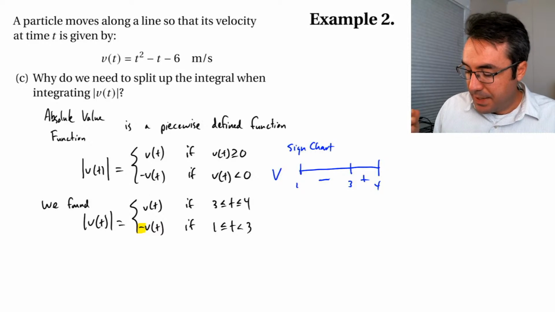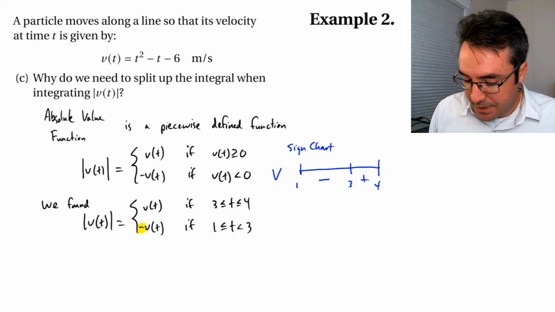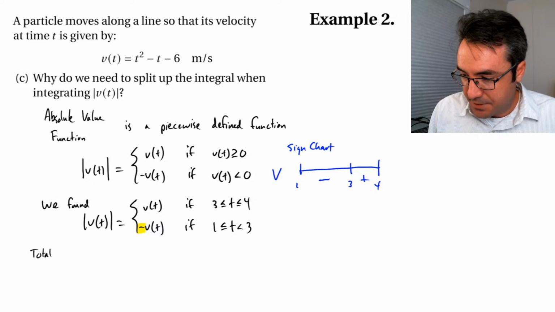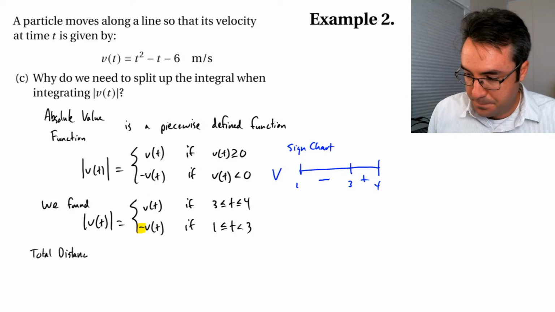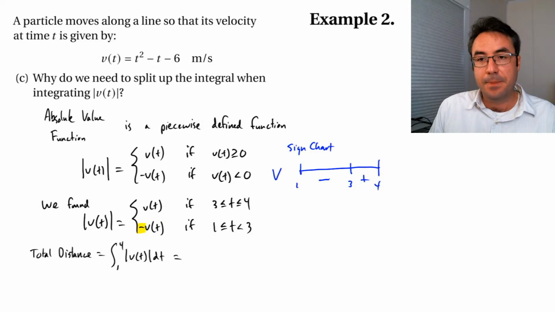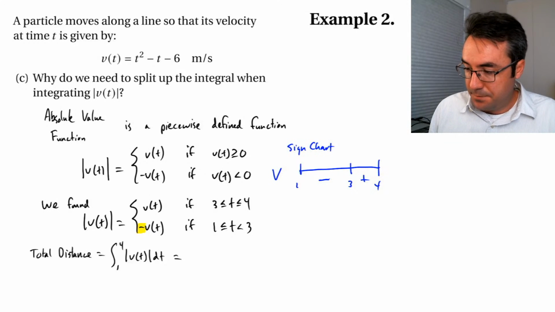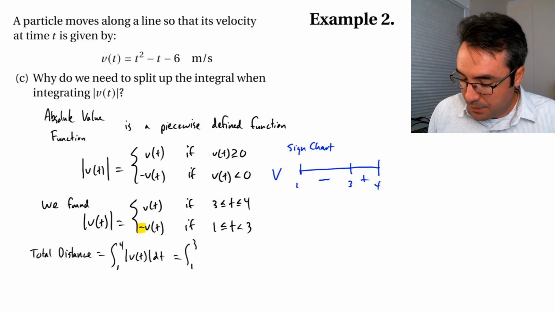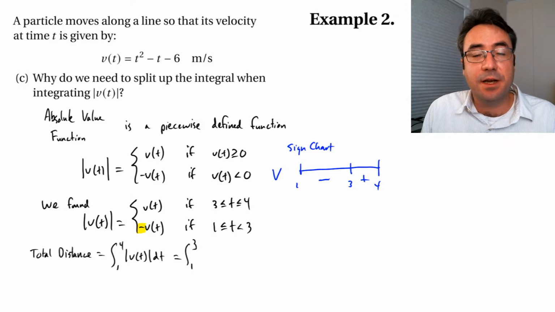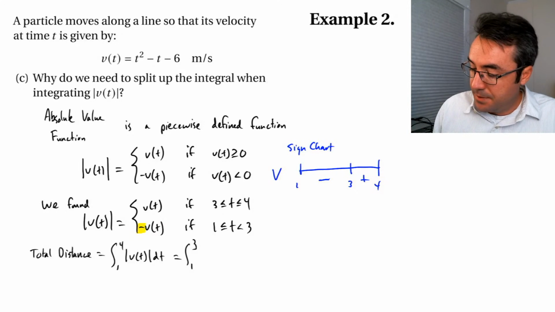So really, behind the scenes here, to get the total distance, we're doing the integral from 1 to 4 of the absolute value of our velocity function. And we break apart that integral. So we look at the different pieces of our piecewise function.